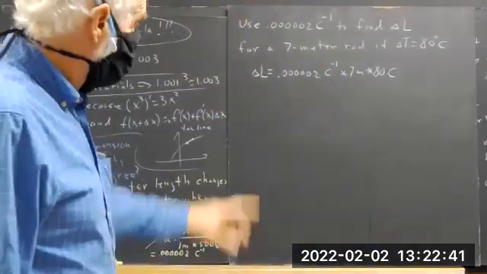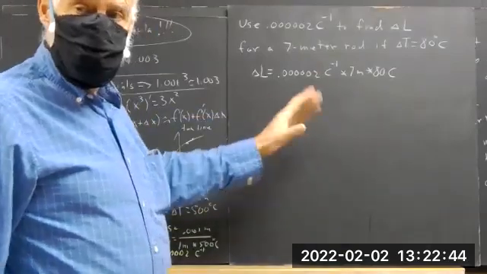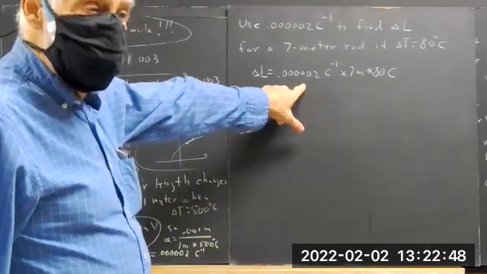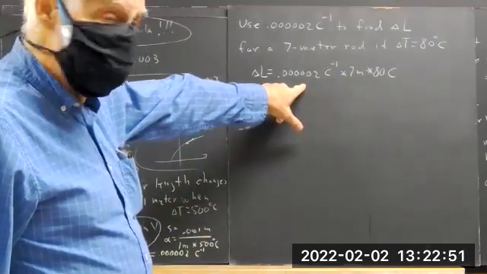Okay, there's your calculation. It should be obvious why we calculate it that way, because this number is the expansion per unit of length per degree.